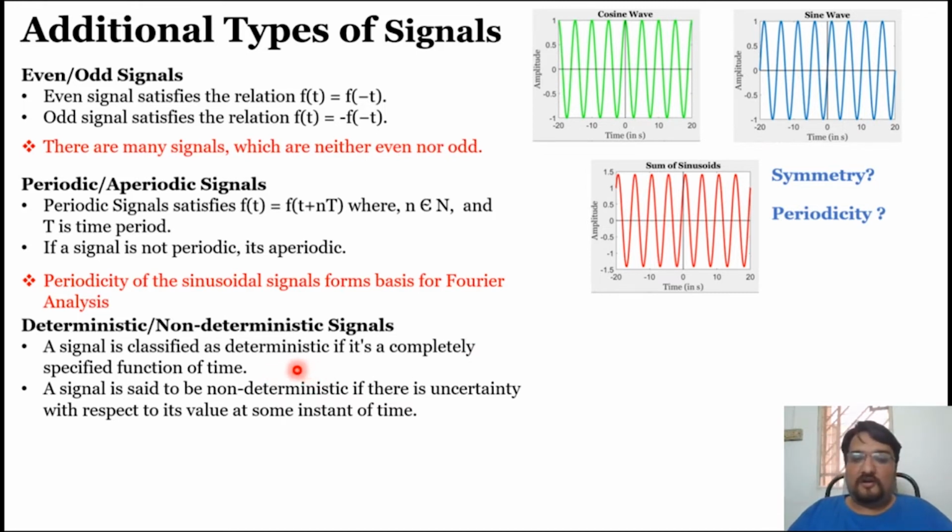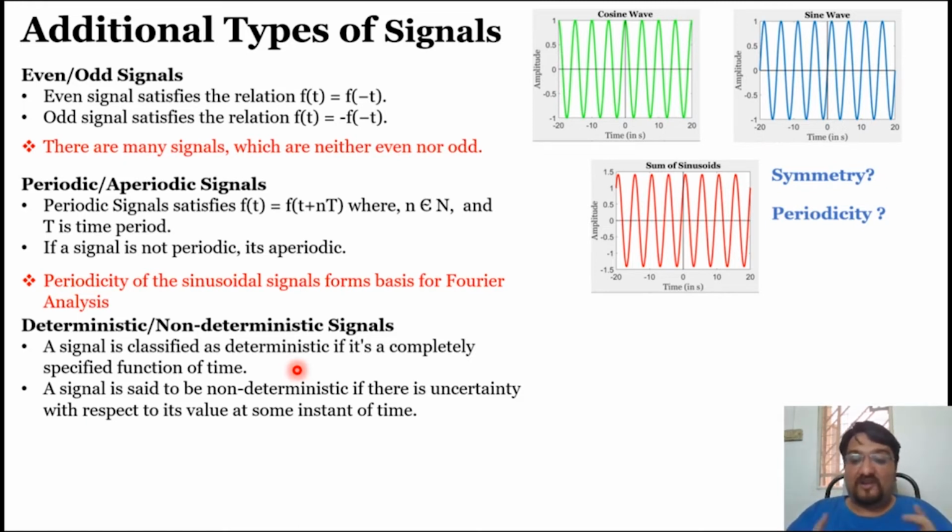As I mentioned, a signal is anything which conveys information. If I talk about rainfall in India or rainfall in any particular city over a period of time, this is basically a non-deterministic quantity. You cannot say at any point of time how much rainfall there would be at that particular point of time.